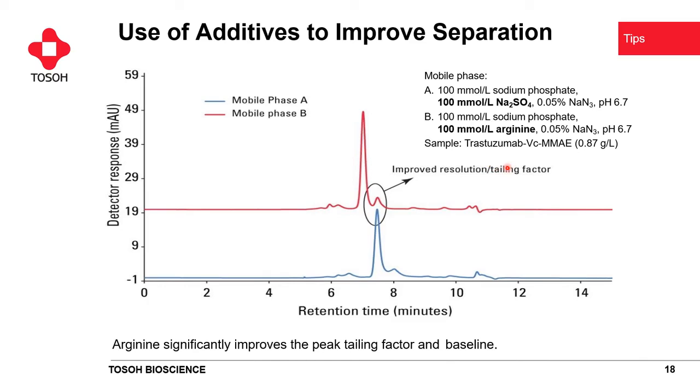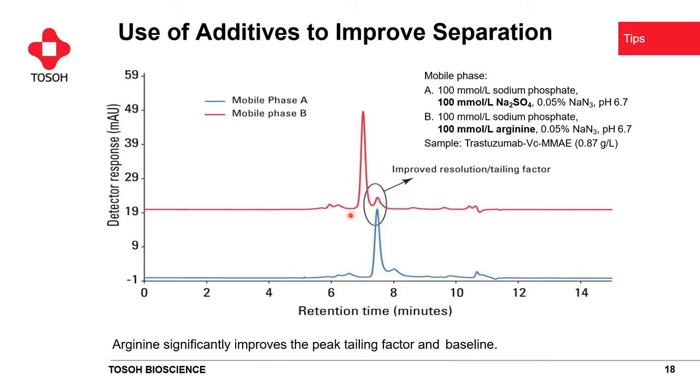And if we use our typical mobile phase containing 100 millimolar sodium sulfate, what we will see, shown here in blue, is that we have a bad separation of our low molecular weight impurities, and we also have a broad peak. Now, if we add, in this case, arginine to our mobile phase, we reduce these hydrophobic interactions, and what we see, here in red, is a better separation of our low molecular weight impurities, as well as a sharper peak.